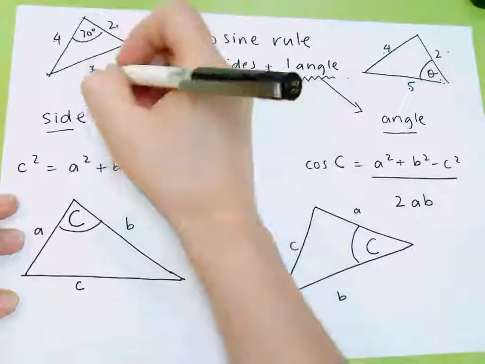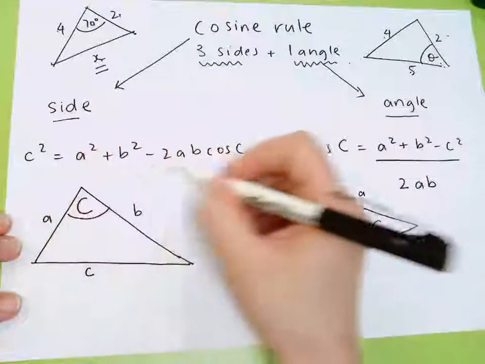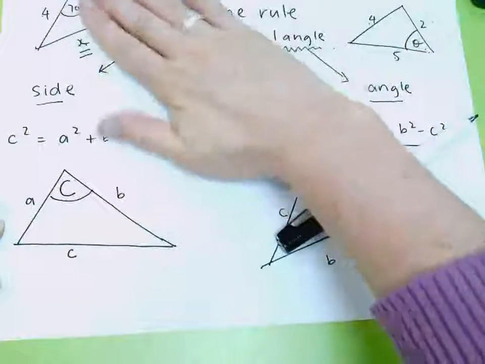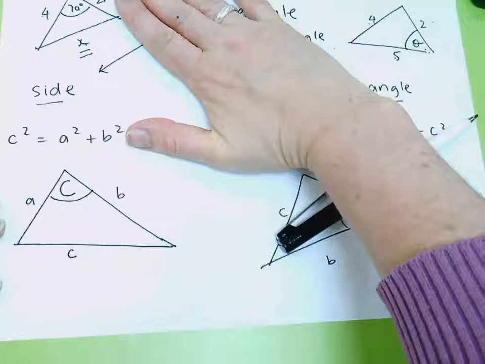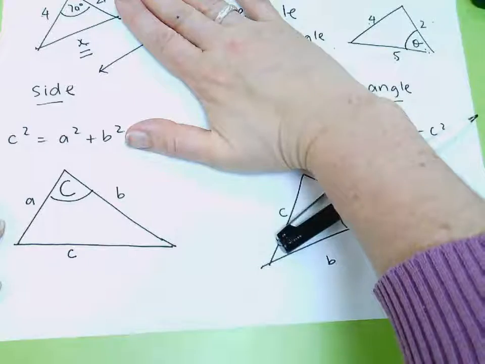If we're trying to calculate a side, as we are in this particular case, we use this form of the rule. This form of the rule is actually really similar to Pythagoras' theorem if you cover this bit up. Pythagoras' theorem, remember, only applies to right angled triangles.